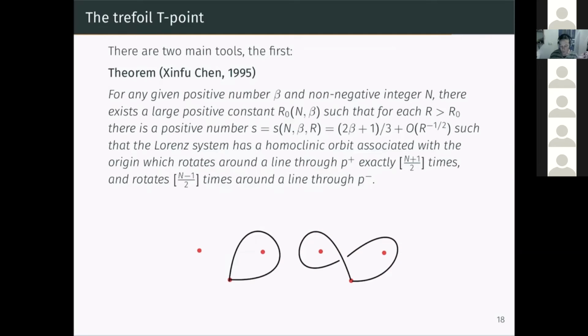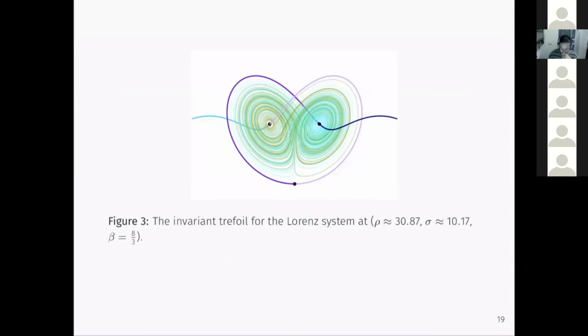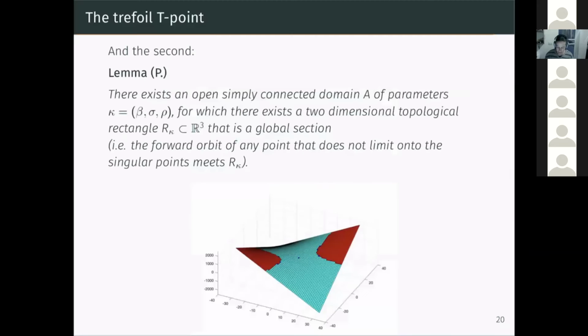If you try to continuously move from one of these homoclinic orbits to the next one, you have to pass through this singularity at some point. So here, this is a point where you pass this other singularity, so you have this invariant trefoil. As I said before, this is an unstable T-point in my language. Here this is really a saddle, but I can also have a similar thing that is stable.